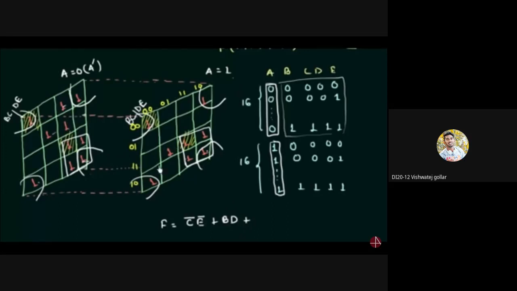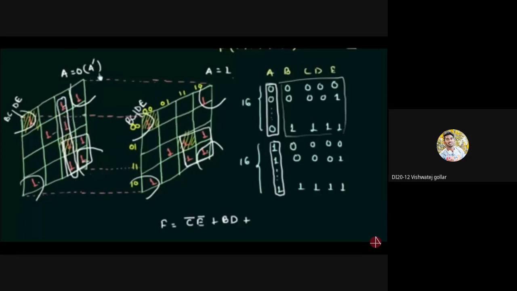Let's combine them. How we can do it? I can do a combination of these 4 ones. But you can see that this combination is not present in this map.